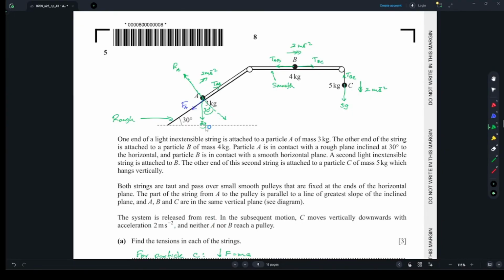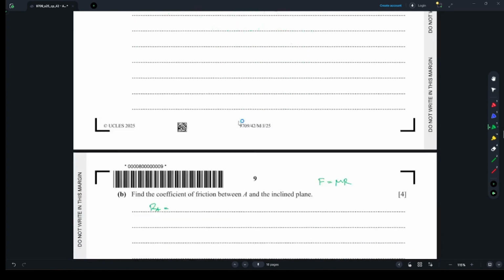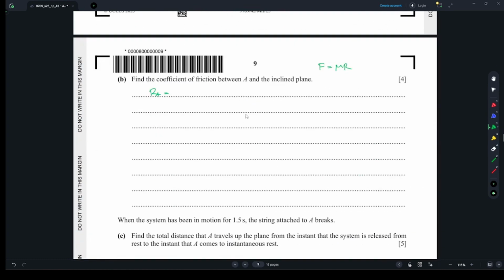So from this one here, RA is the component of the weight of particle A. So 3g cos 30. So I can write RA is 3g cos 30.